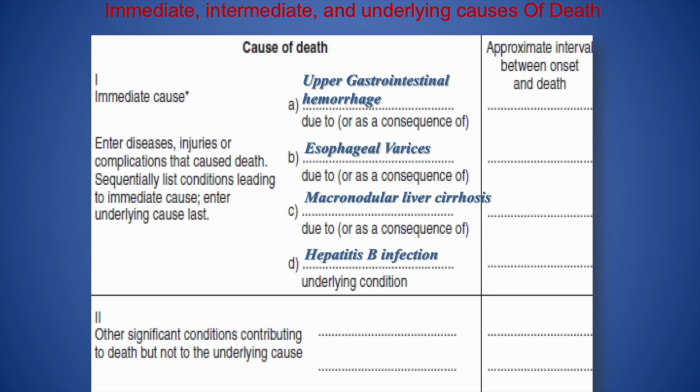So hepatitis B infection may be the source of the cascade, but it may have been 10 years ago or more than 10 years ago, and the patient died now from extensive upper GI hemorrhage, but the cascade was started by the hepatitis B infection.